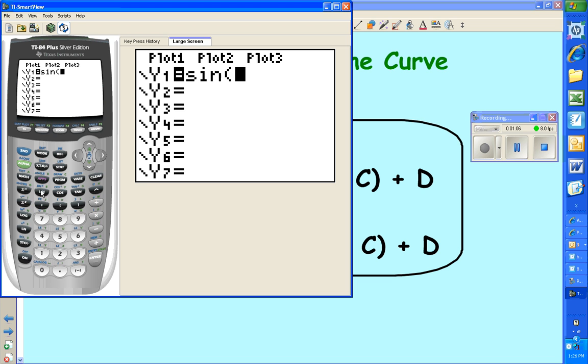So we're going to start with the sine of x. And then we'll look at cos x at the same time. And we're going to make cos x a bold-faced graph just so you can see it easier.